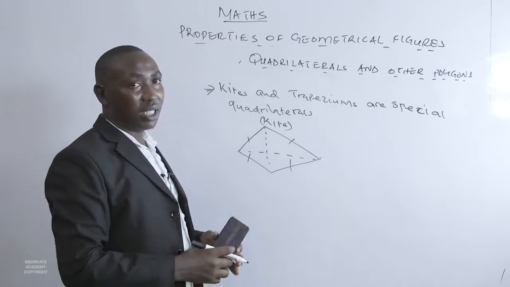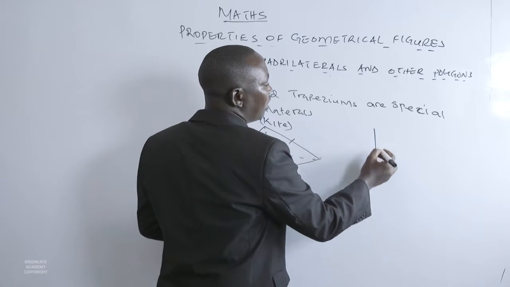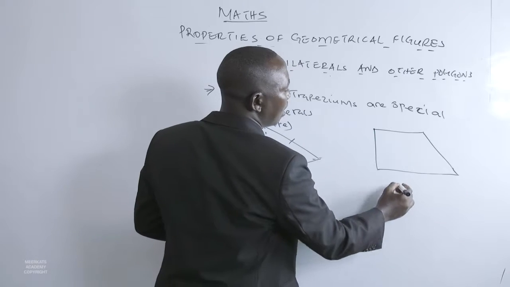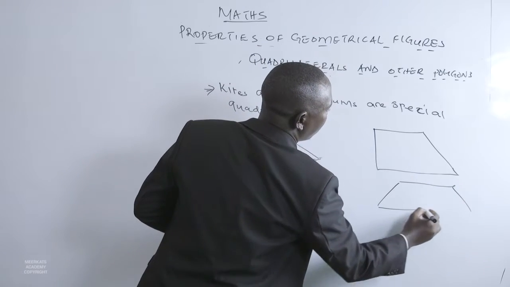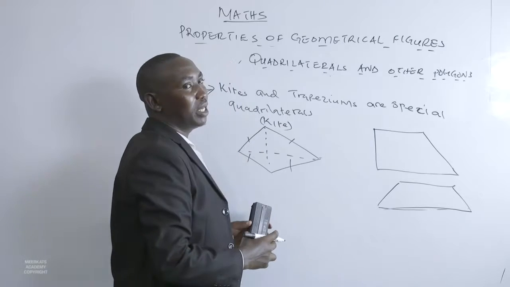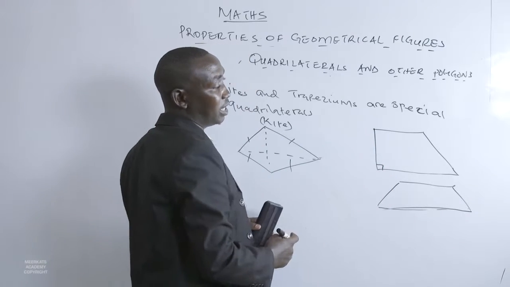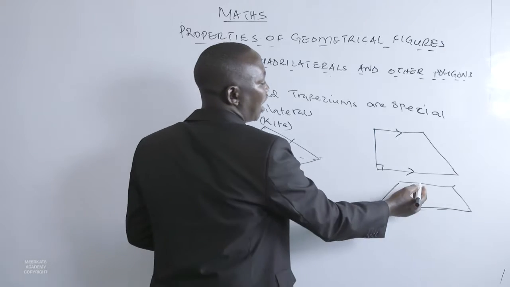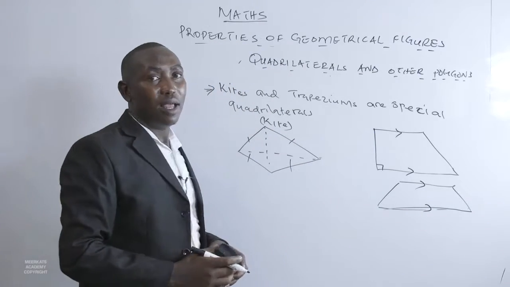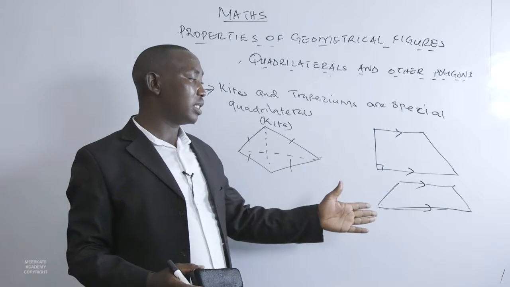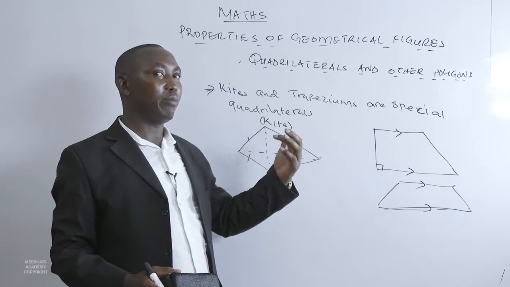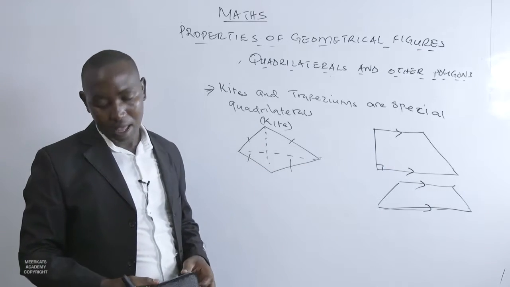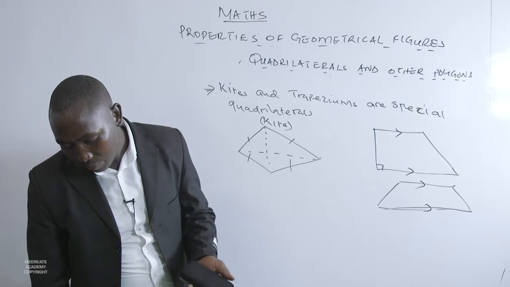Then for the trapezia, we have different types, like the right angled trapezia, where this is 90 degrees. With this case, we only have one pair of parallel lines. So the reason they are special quadrilaterals is that they have only one or no pair of parallel lines or sides.